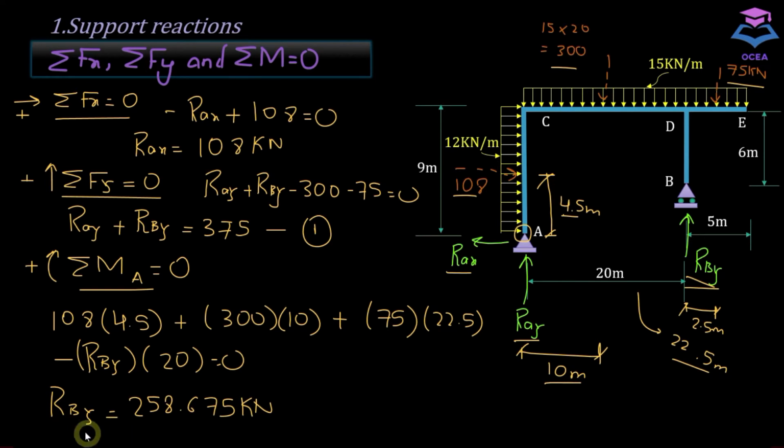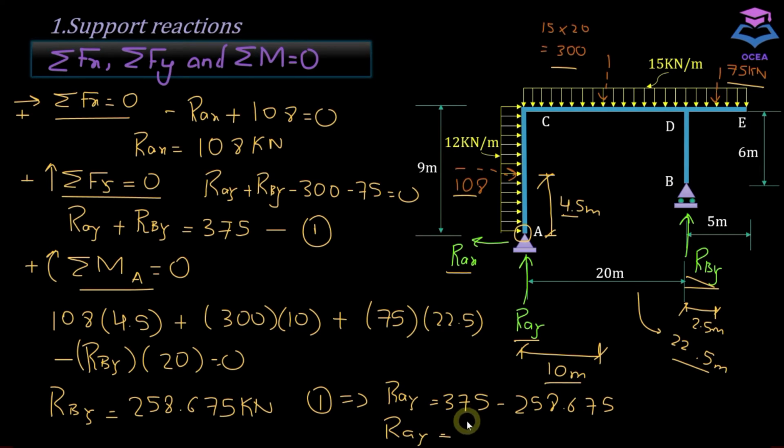And if I substitute the value of RBY into equation number 1, it implies that RAY is equal to 375 minus 258.675, and if I calculate RAY from here, it's coming out to be equal to 116.325 kilonewton. And we are done with the support reactions. Now let's draw the free body diagram.